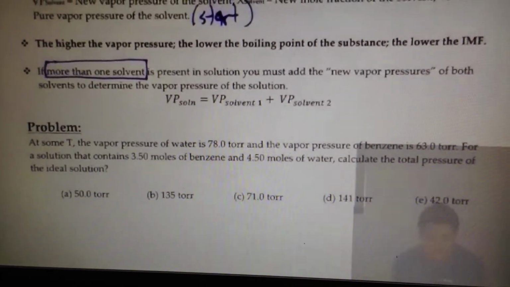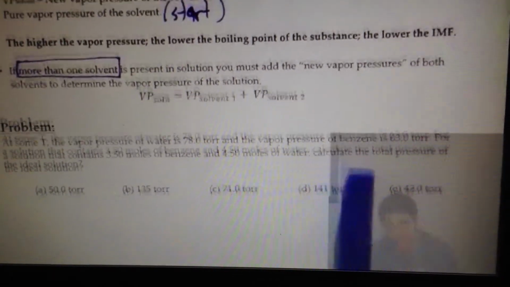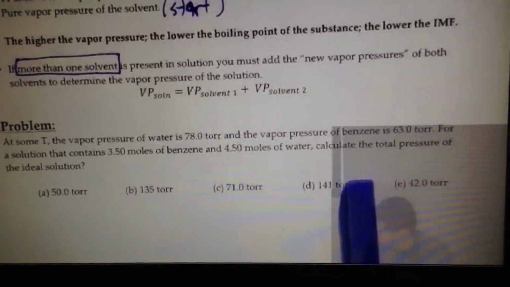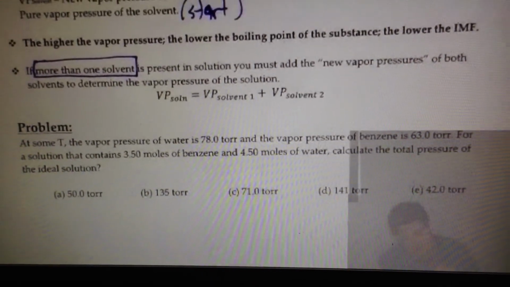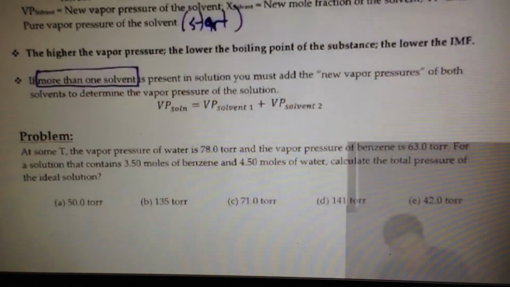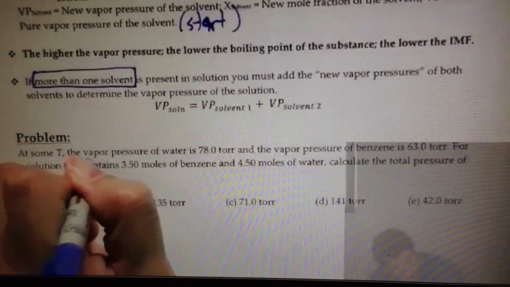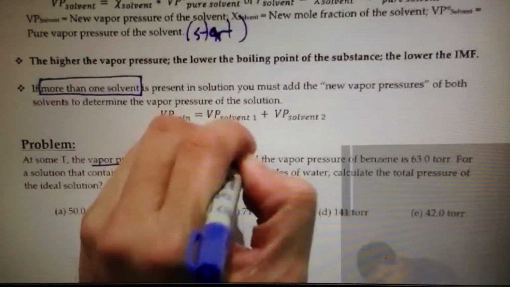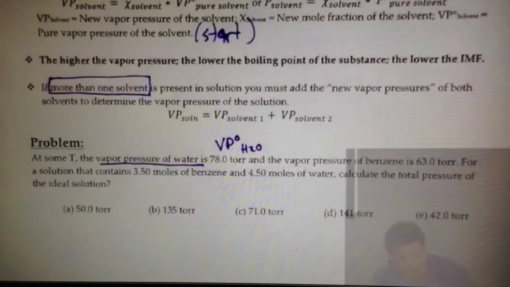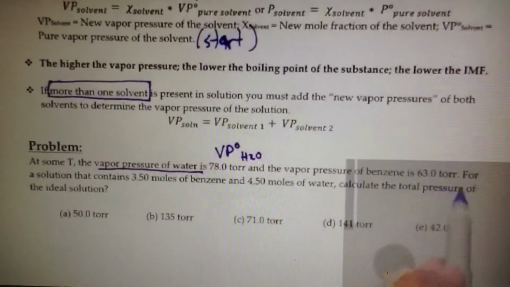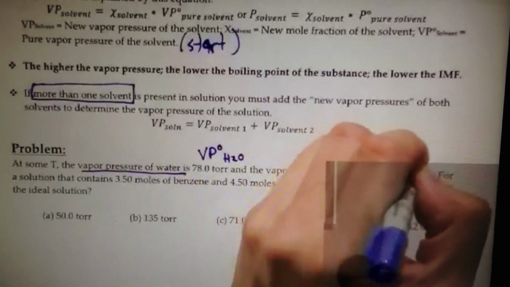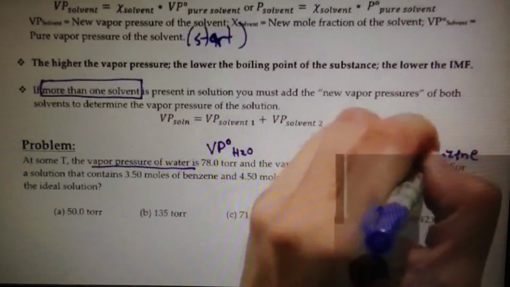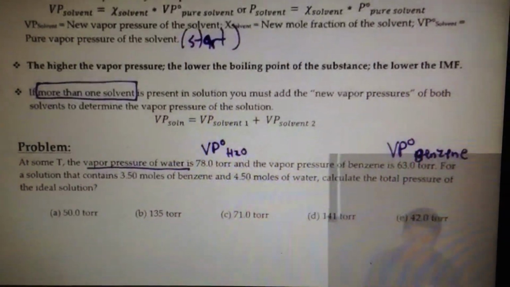For a solution that contains 3.5 moles of benzene and 4.5 moles of water, calculate the total pressure of the ideal solution. You're going to notice that they told you the vapor pressure of water. So that's VP standard of H2O. And the vapor pressure of benzene is 63 torr, so that would be VP standard of benzene. You don't know what benzene is, so we'll just write the word benzene.